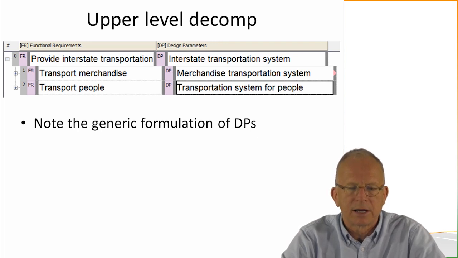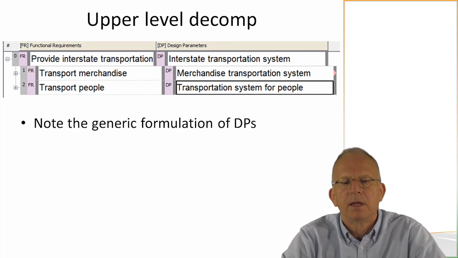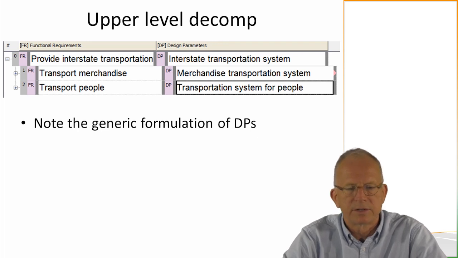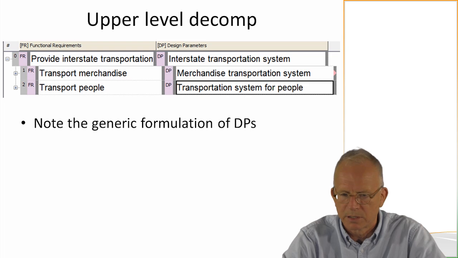Let's decompose the kinds of things we want to transport: merchandise and people. So then a merchandise transportation system and a transportation system for people. So we're consistent: we've decomposed in this case what we're going to transport, and the children of system are system, and the children of transportation are transportation.